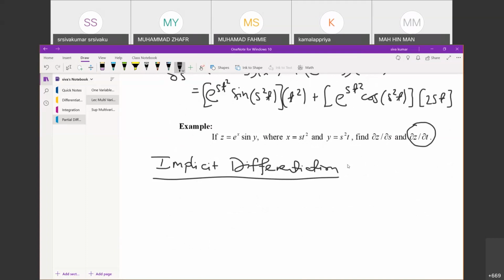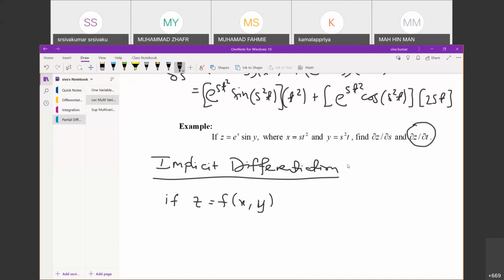Let's say, for example, z equals f(x, y). That means z is a dependent variable and x and y are independent variables. Look at that, this is very important.